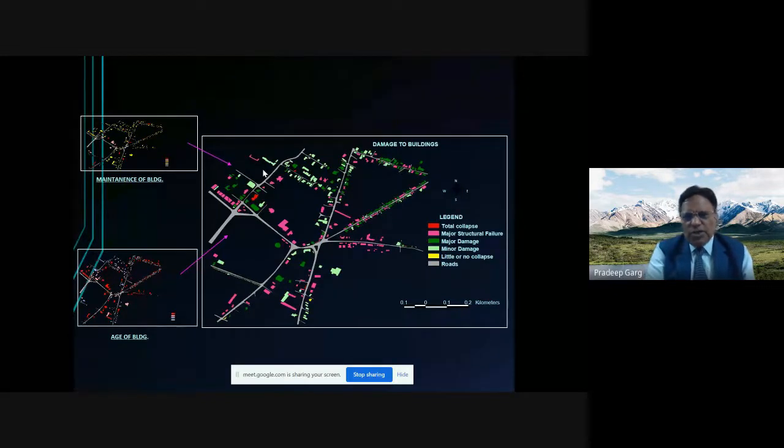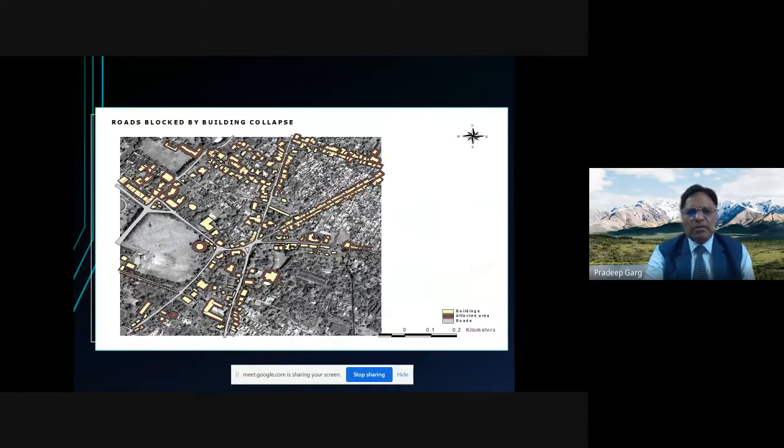You can see from this diagram that red are those buildings that will be totally collapsed. Pink will be the major structure failure. But of course, this is all a simulation study on the basis of the data collected. These are the speculation that if the earthquake takes place, so many buildings will be completely damaged, so many buildings will be partially damaged, so many buildings will not be damaged at all.